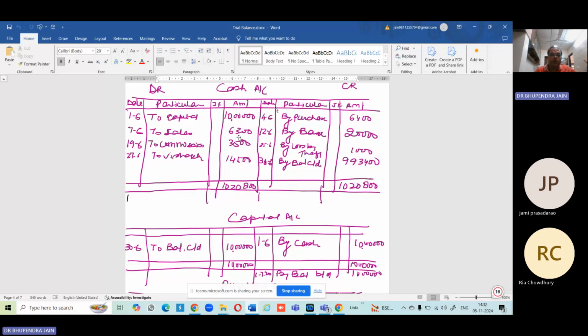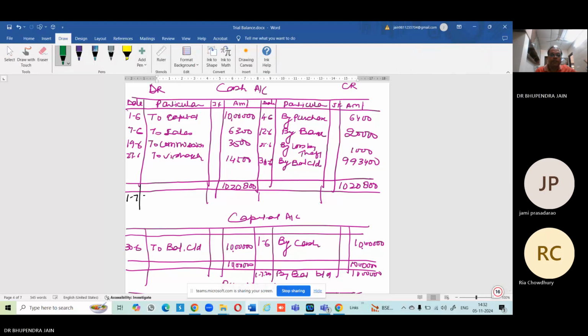On the 1st of July, to balance brought down, this is 9,93,400. All the brought down balances are transferred according to the side, the debit side or credit side.